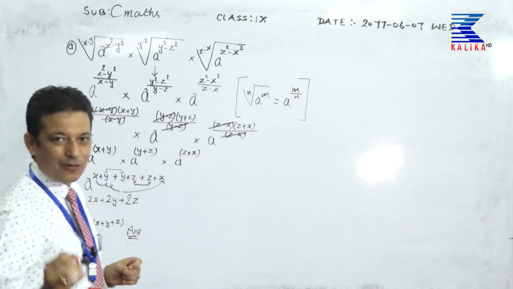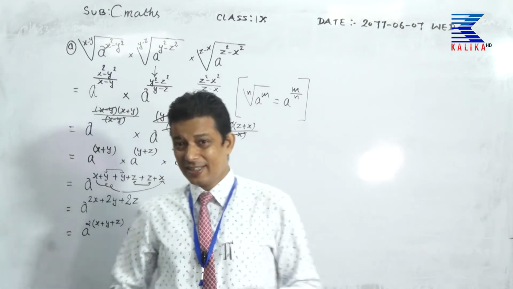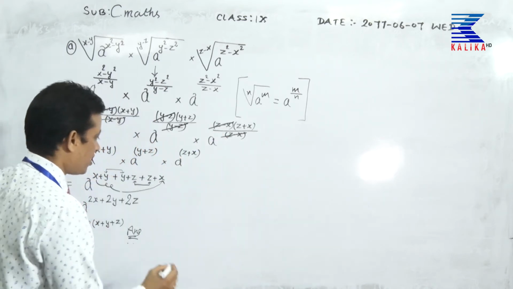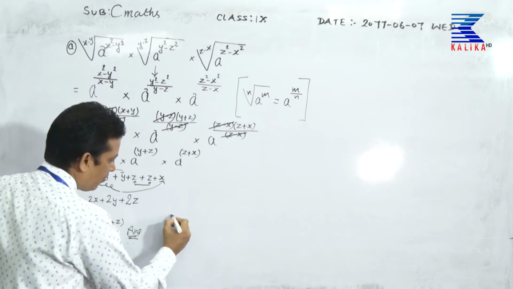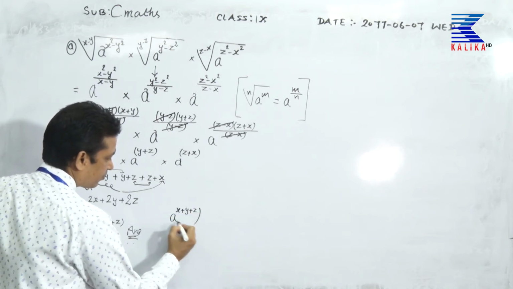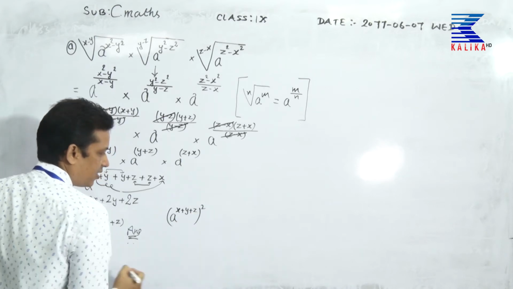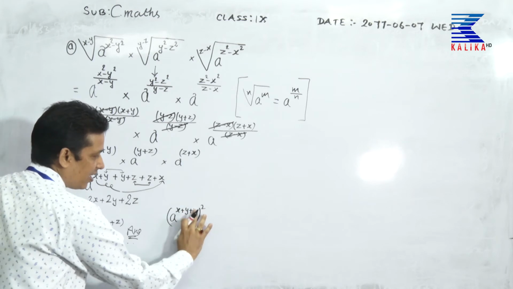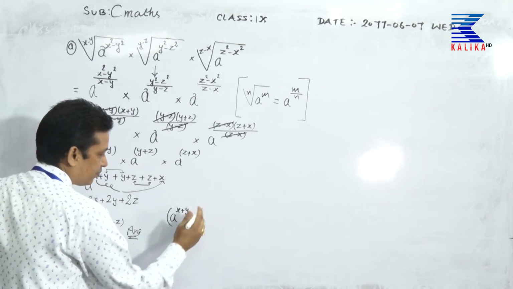Here I want to ask you a question. Let us see how many of you can guess the correct answer. Please guess what will be the result of this, or let us say a to the power x plus y whole square.